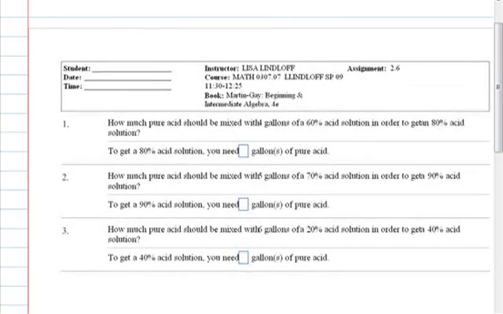It might be a little difficult for you to read on the screen, so just listen to me or look at your own paper. It says, how much pure acid should be mixed with 4 gallons of a 60% acid solution in order to get an 80% acid solution.